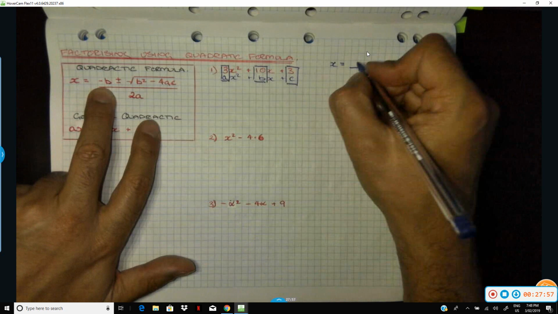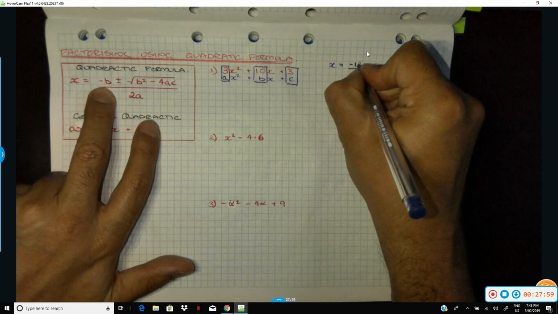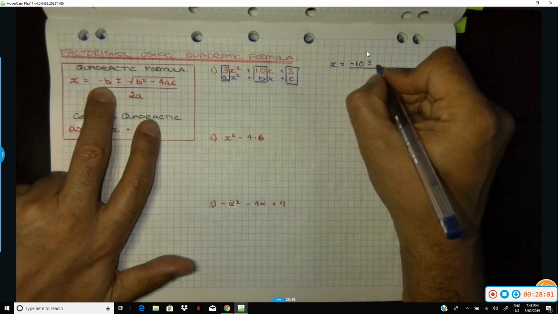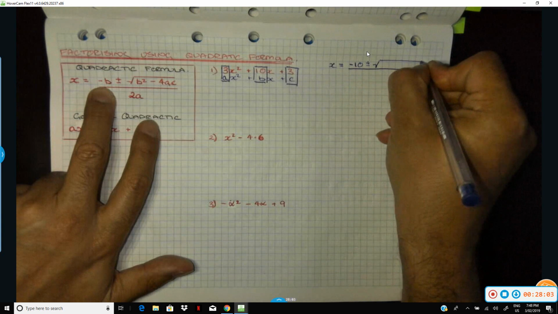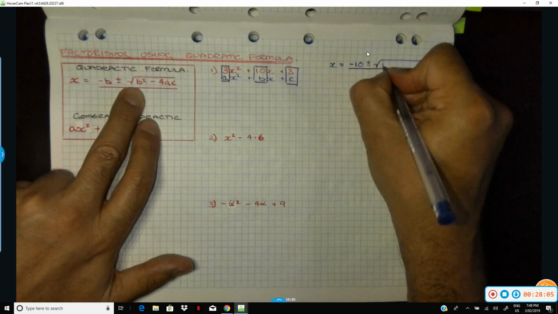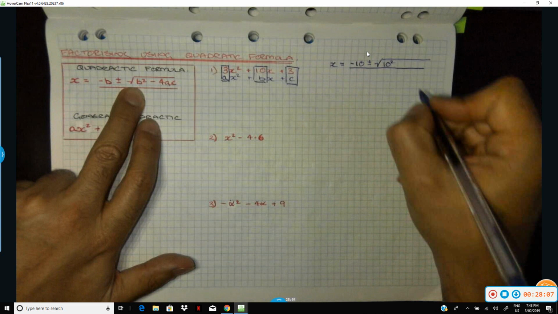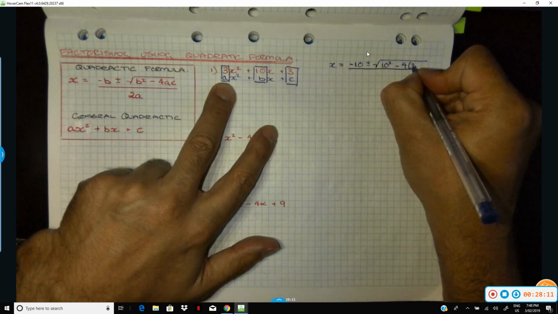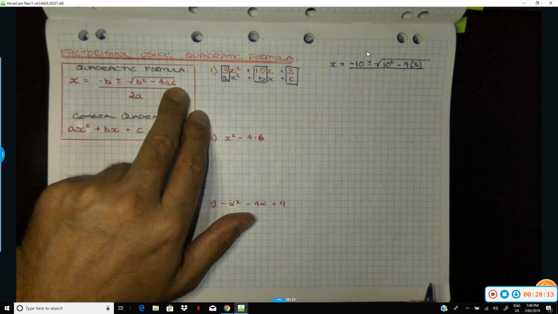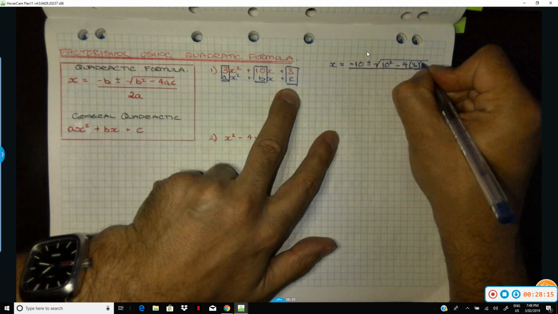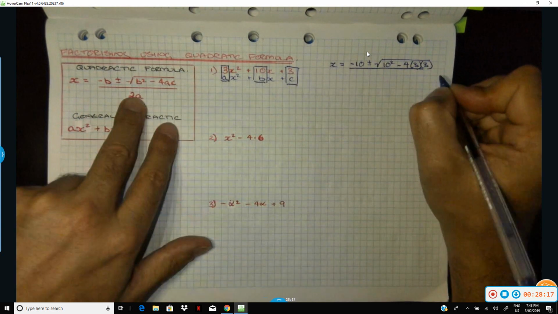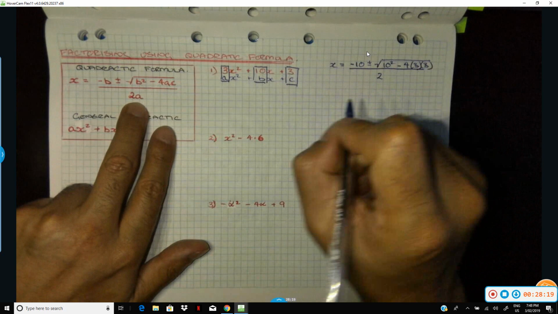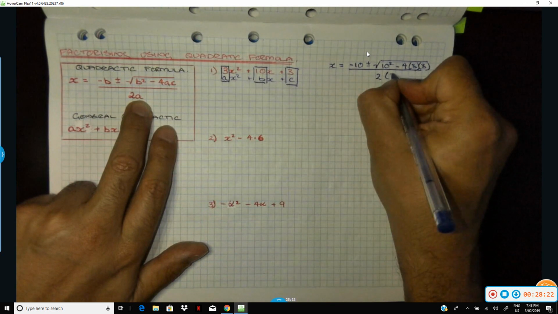B is 10, so we've got negative 10, plus or minus the square root of b squared, 10 squared, minus 4 lots of a is 3, and c is another 3, over 2 lots of a, and a is 3.